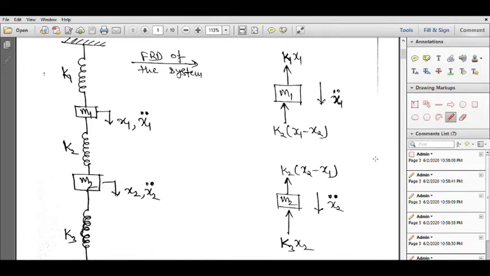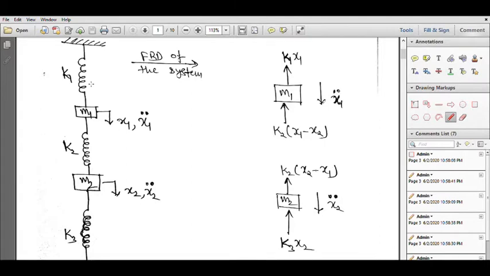In the free body diagram, we need to show the forces which will act over the masses m1 and m2. Here we have taken the mass m1 first. Now the mass m1 is having a downward displacement x1 and acceleration x1 double dot at the particular instant. When this mass m1 is moving in downward direction with the displacement x1, there will be a restoring force generated in the spring K1.